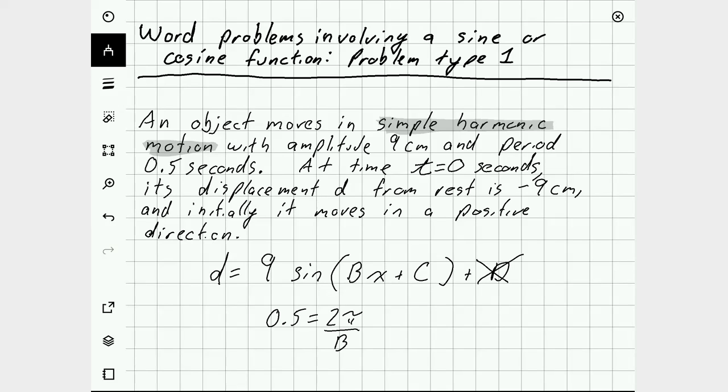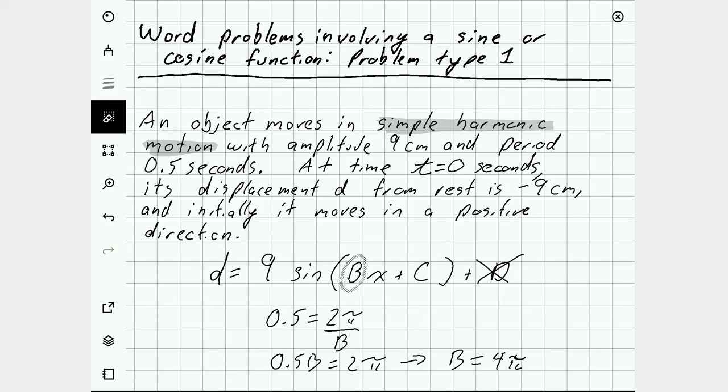And I know that in the equation of sine or cosine, the period is 2 pi over b. Right? So 0.5b is equal to 2 pi. I'm running out of room here. B itself must be 4 pi. So I can take b out of the equation and replace it with 4 pi.